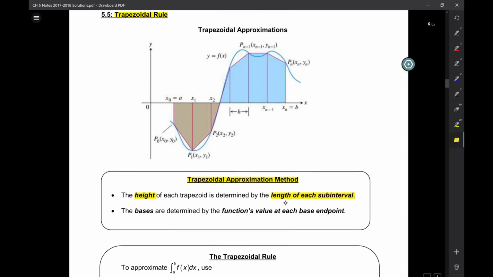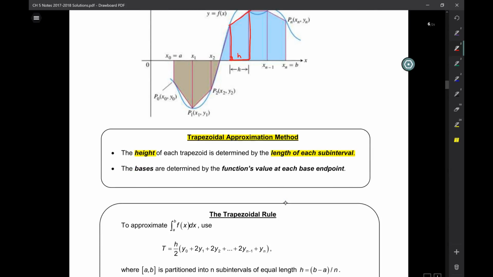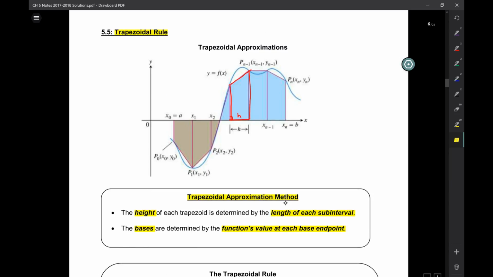So if we've divided it into so many subintervals, and I take one of these as the trapezoid, you see this is the height, and it's the length of the subinterval. And how do you find it? We do the interval divided by the number of trapezoids, right? And then the bases are the function's value at each base point.